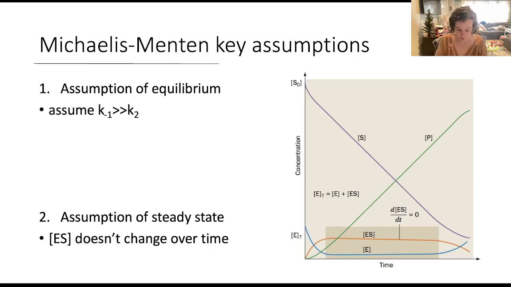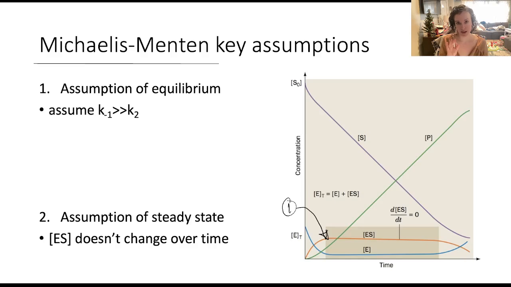So we reach equilibrium right here on the graph, because you can see before this we have increasing concentration of enzyme substrate complex and decreasing concentrations of enzyme. But at this point, we see that the concentration of enzyme and substrate becomes steady over time. So this is where assumption 1 is met if we were doing this experiment in a lab.